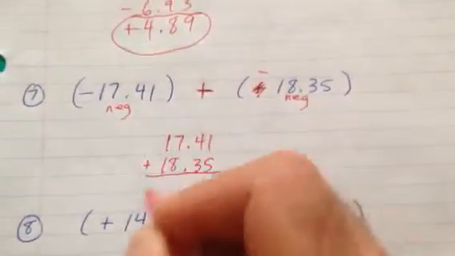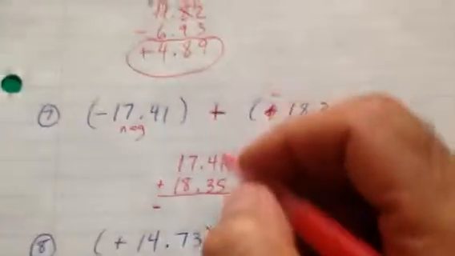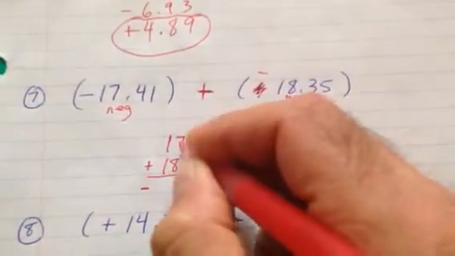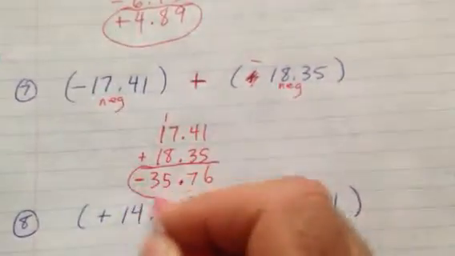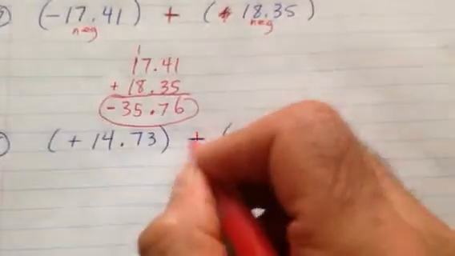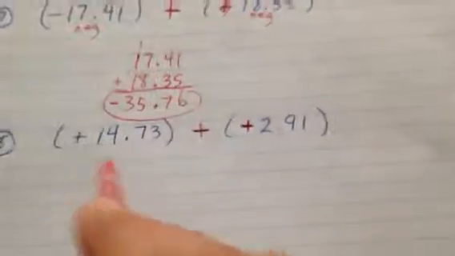So we just basically add them, and I know that the answer will be negative because two negative numbers stay negative when you add them. 5 plus 1 is 6, 4 plus 3 is 7, 7 plus 8 is 15, carry a 1, that's a 3, negative 35.76.